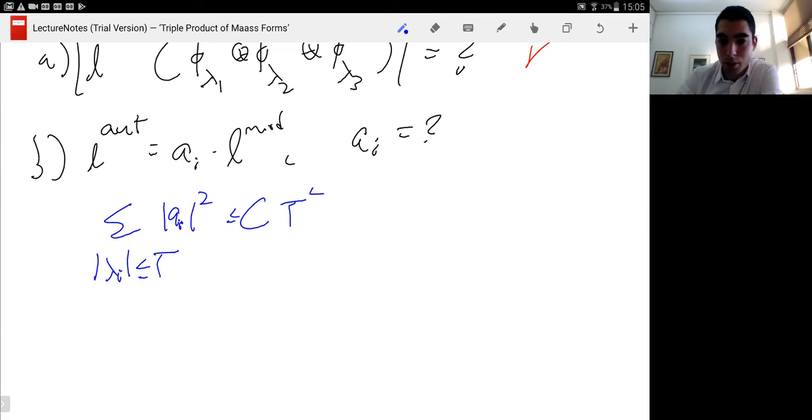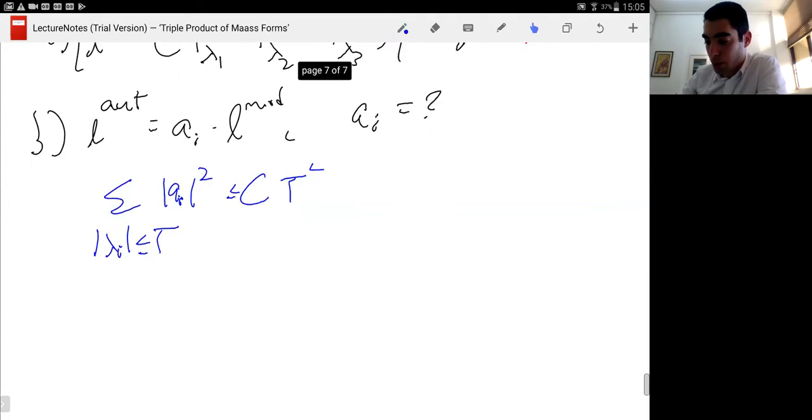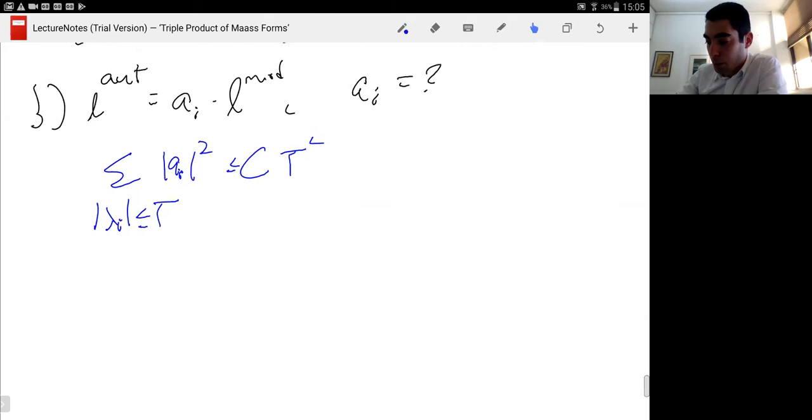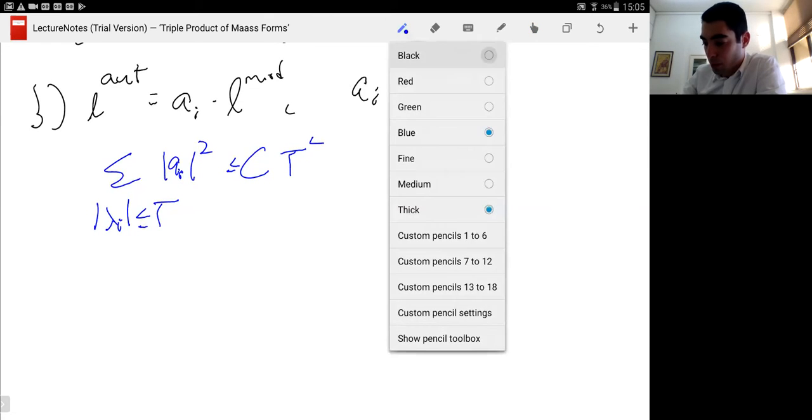This is a fairly straightforward computation carried out by Bernstein and Reznikov, but as I understand it, there has been pretty substantial progress since.